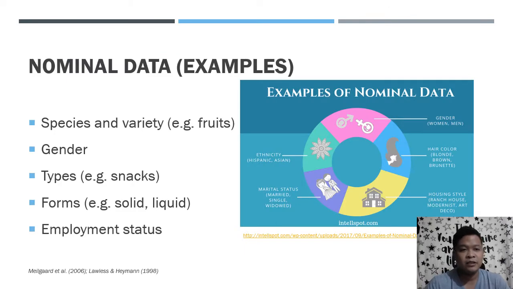So as mentioned, normally, nominal data in sensory evaluation are answers to demographic information that are collected prior to the start of the test to help correlate or cross-tabulate the gained information. So these are following examples.